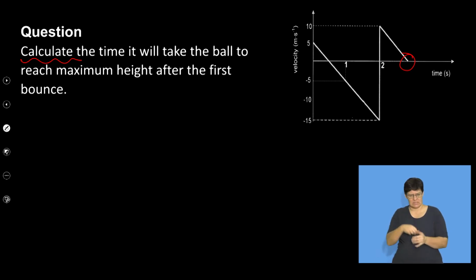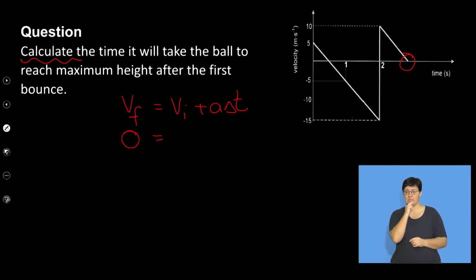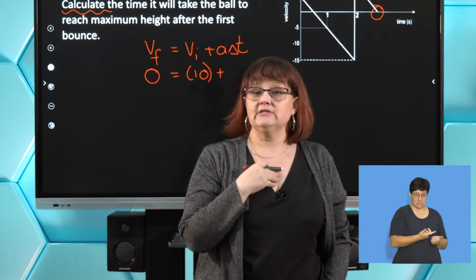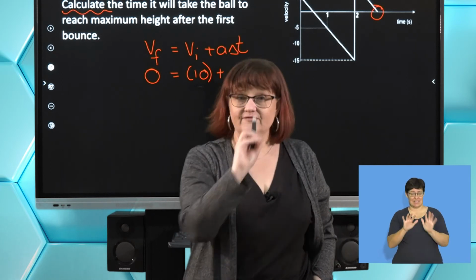So I can go, well, time to get the maximum height, VF equals VI plus A delta T. Remember, up was my positive, so maximum height is 0. That's 10. But now what? They said to us, well, we worked out that acceleration due to gravity was minus 10. I have to use that.